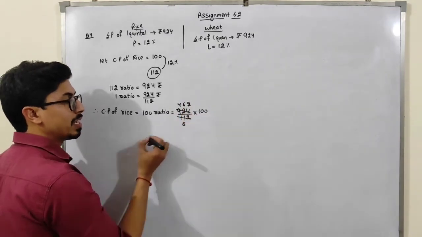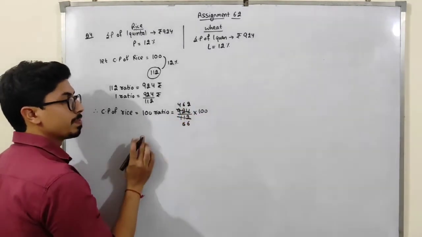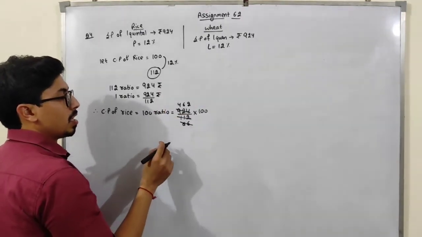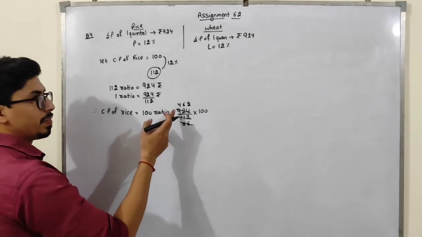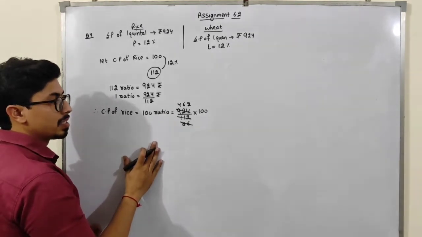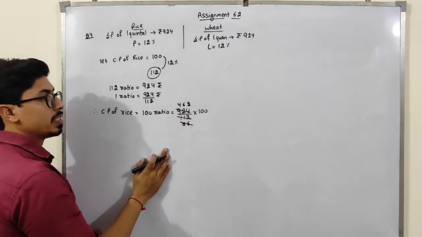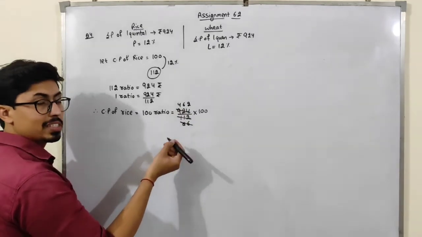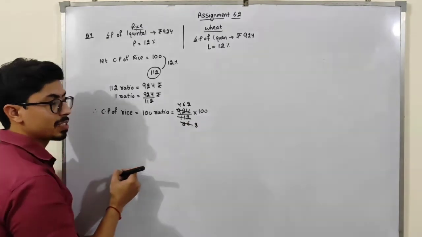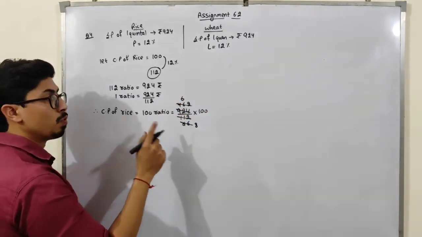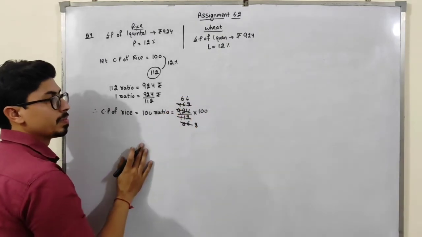Here also 2 5 is 10, 2 6 is 12. Now again divide them by 7, and this is getting cancelled out. 7 6 are 42, remainder is 4, 7 8 is 56, 7 6 is 42 again.